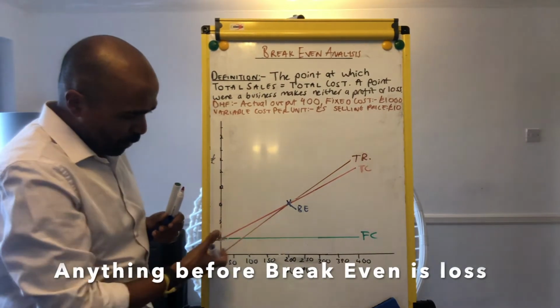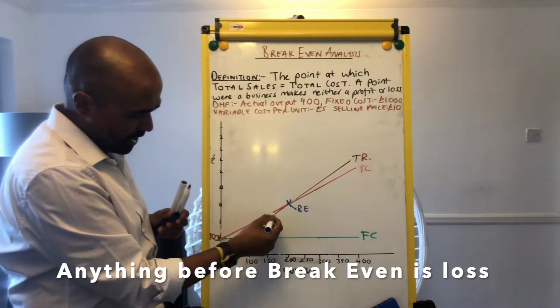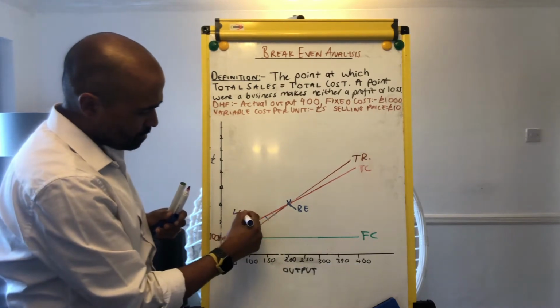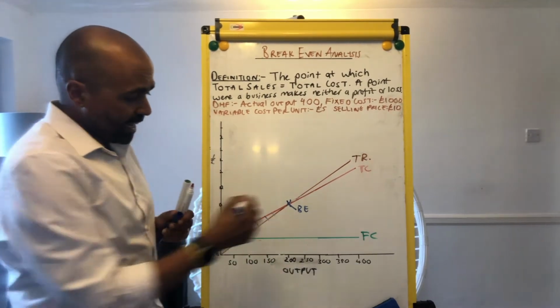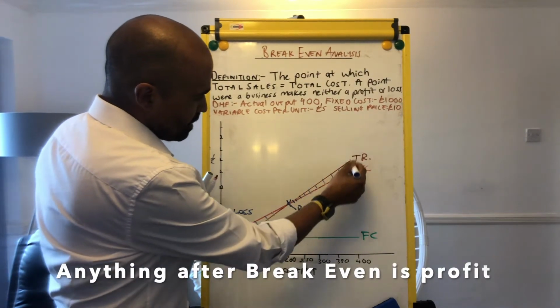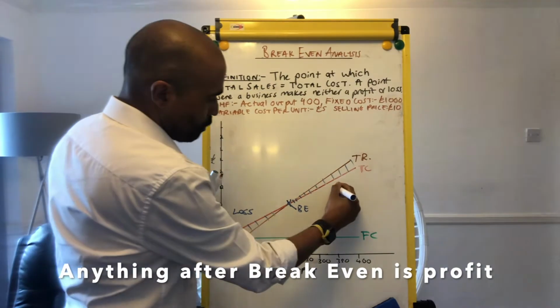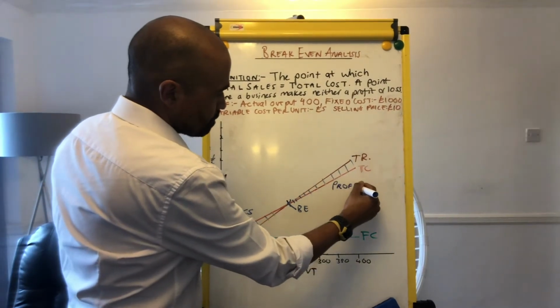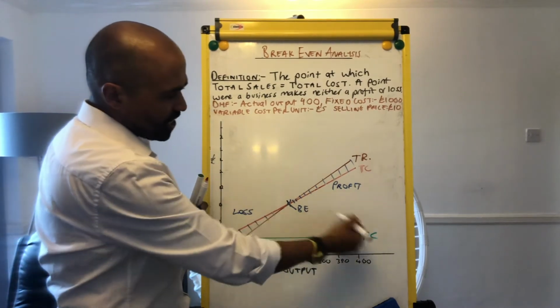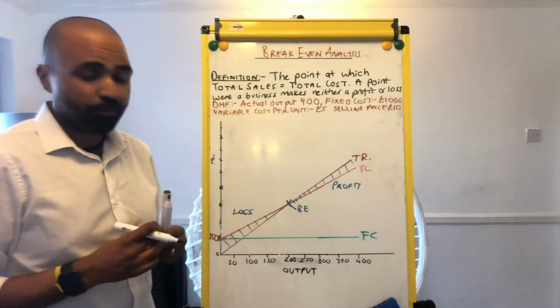Everything before this, all this area here, is known as loss. Anything after the break even output, which is here, is known as profit. So this shaded area is loss, and this shaded area here is called profit.